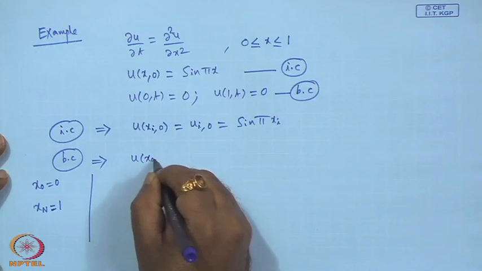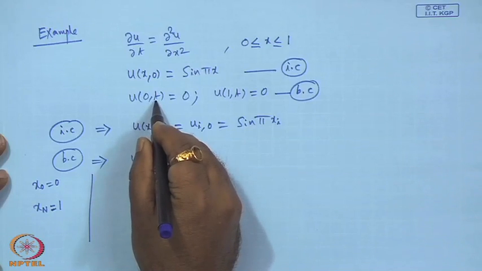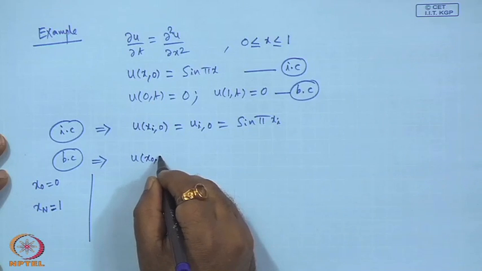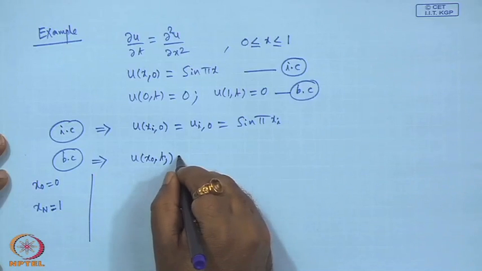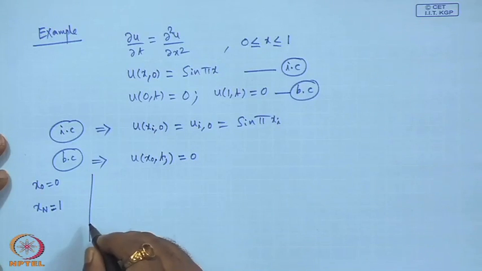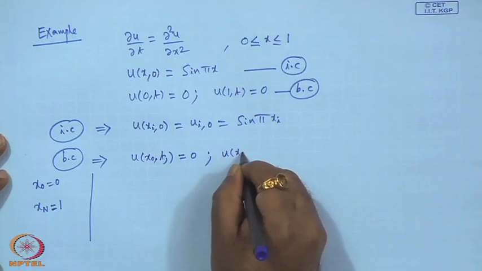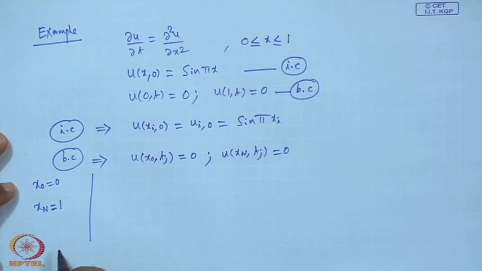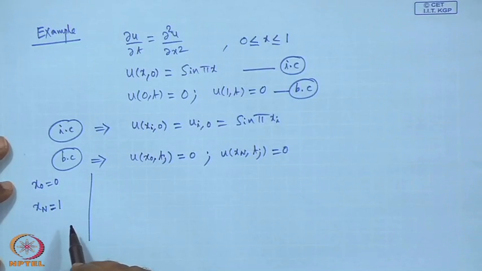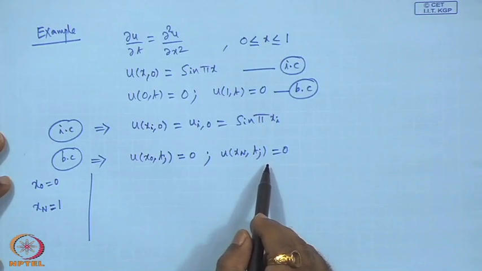So, here x 0, and this is for any t. So, therefore, t j equals 0, and this one, x n for any t j equals 0. Okay. So, this is the discretization.